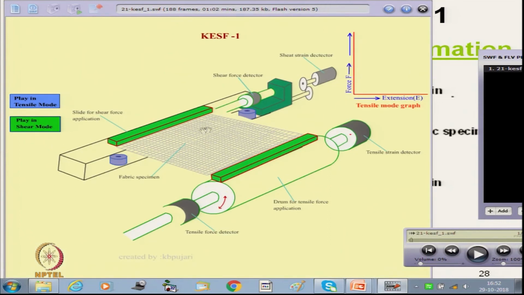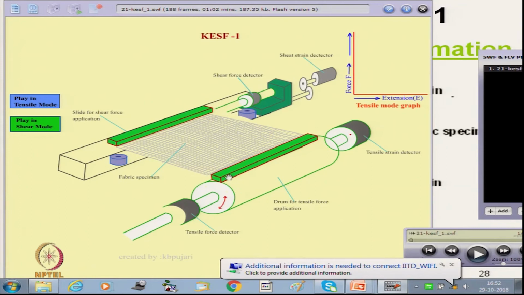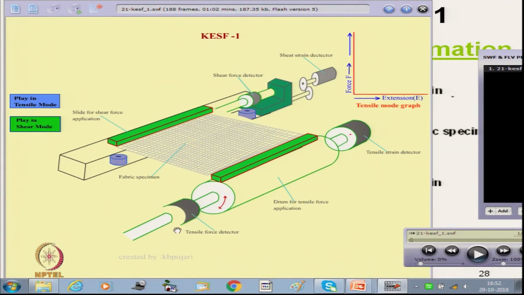Here this is the fabric sample, the fabric specimen. The drum is there and the fabric is clamped on the drum and another end is on this slider. Here is a tensile strain detector which will detect the rotation of the drum, and here is the tensile force detector, which is nothing but a torque sensor.